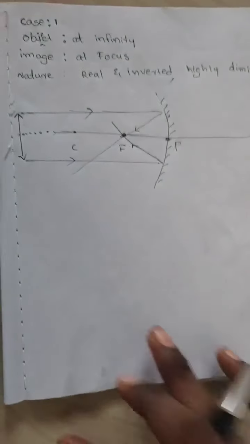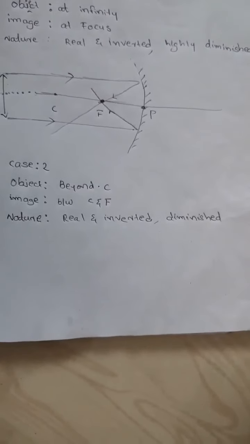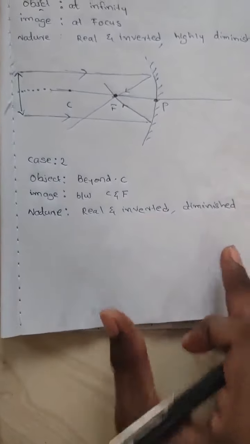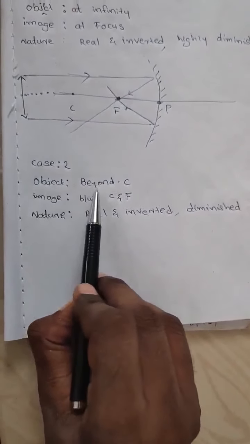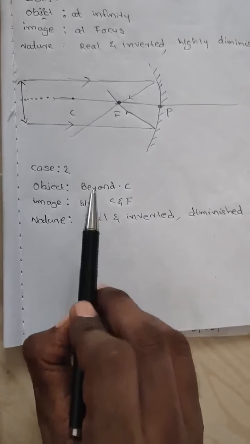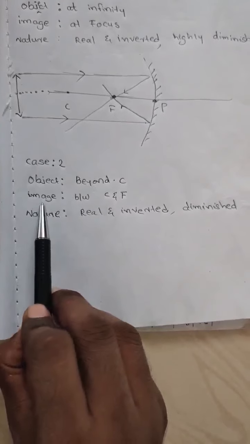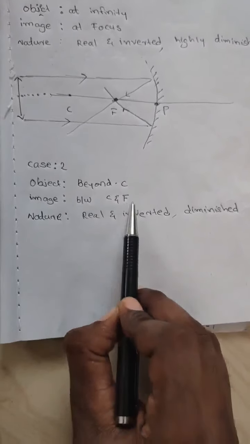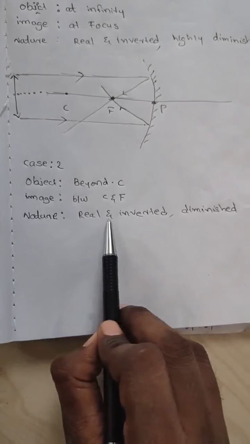Now we are moving to case 2. From the table, case 2 is clear. We place the object beyond C. So if you place the object beyond C, the image is formed between C and F, and the nature is real and inverted and diminished.